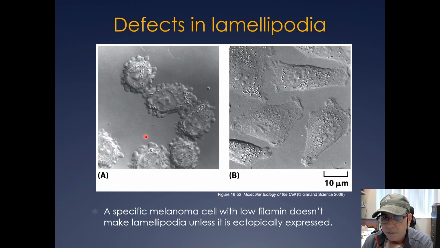Okay, and if you have a defect in basically the filamin dimer, you actually don't form the lamellipodia, so this is a melanoma cell line, and you can see they produce these little blebs here, but there's no lamellipodia. The second you take these cells and you ectopically express the proper filamin subunit that normally has a mutation in it, you can see that these cells actually form nice lamellipodia, and they can move, and you can see it right here.